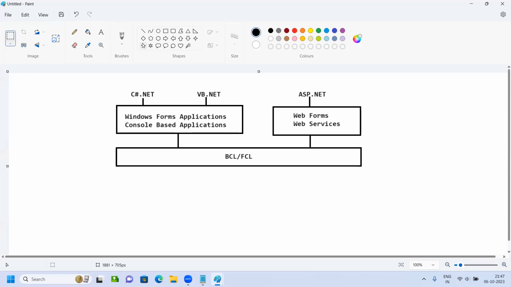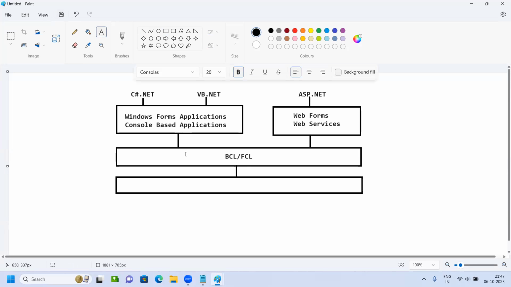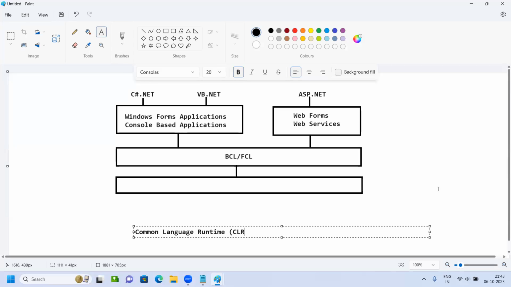Because of this BCL, FCL, they both are connected with common execution. But the C# needs the same, VB needs the same, ASP.NET needs the same. What do you call that? Common language runtime. CLR.